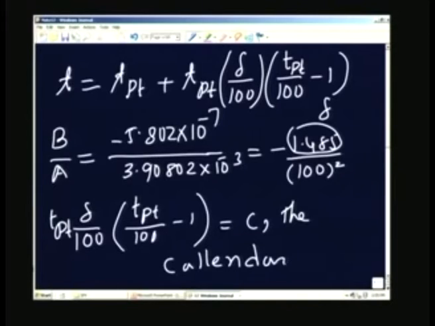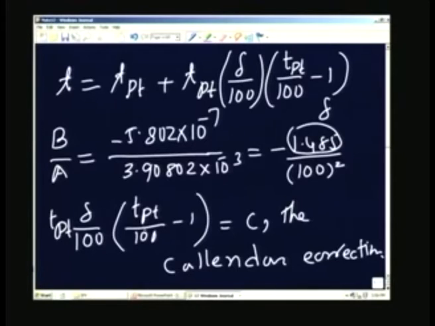And we will notice immediately that when the temperature is 0, this is multiplied by T PT, temperature is 0, this will become 0, correction is 0 at temperature equal to 0.